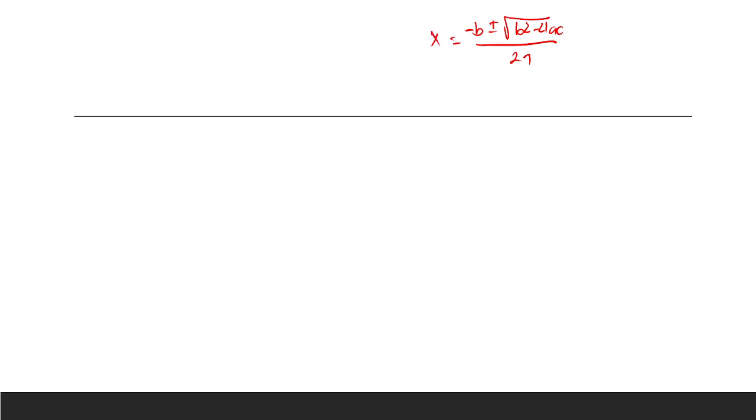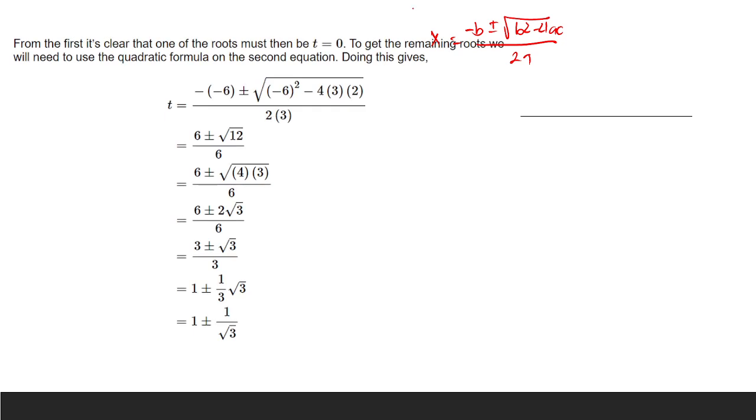So, i-apply lang natin siya doon sa equation natin. Remember that the general form of a quadratic equation is ax squared plus bx plus c is equal to 0. So, yan yung pagbabasihan natin.